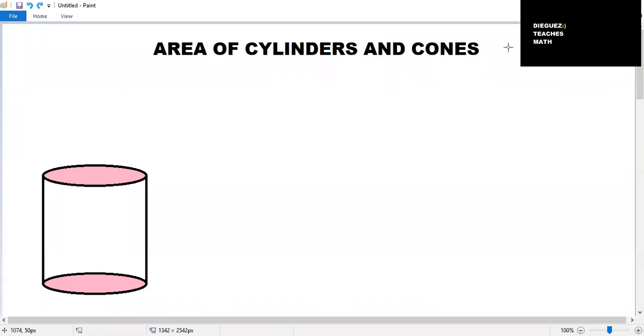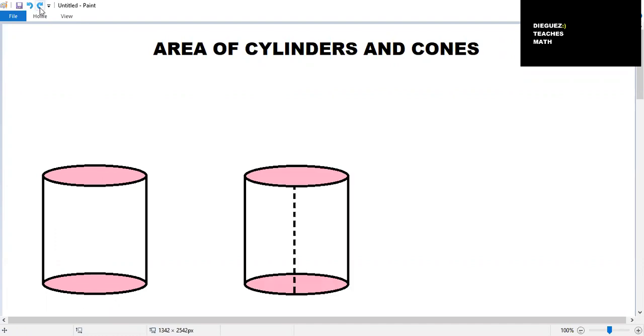Today I want to talk to you about the surface area of cylinders. So I have a cylinder here for you, and what I'm going to do with that cylinder is slice along this dotted line. I'm going to cut along this dotted line, okay?